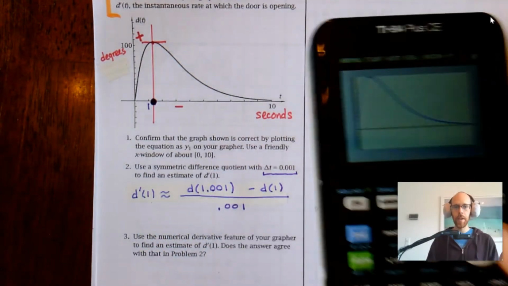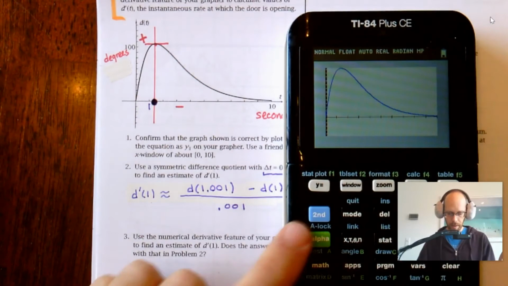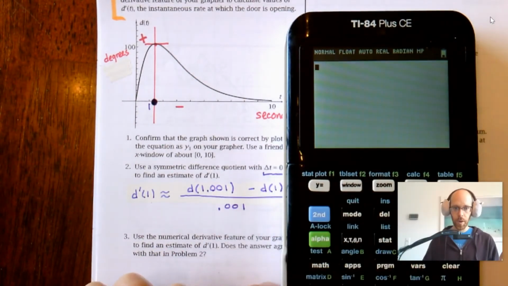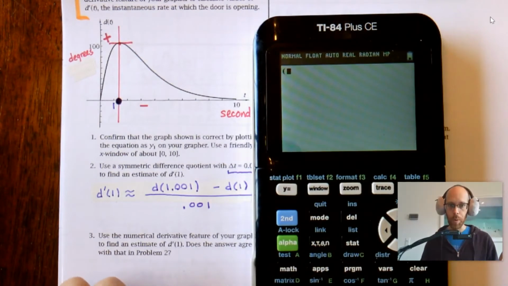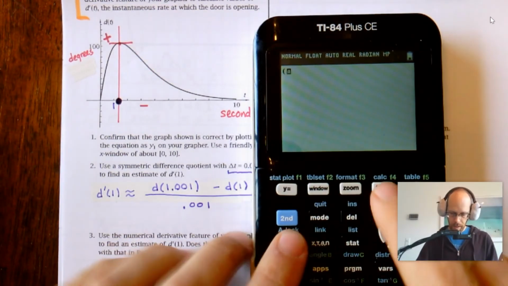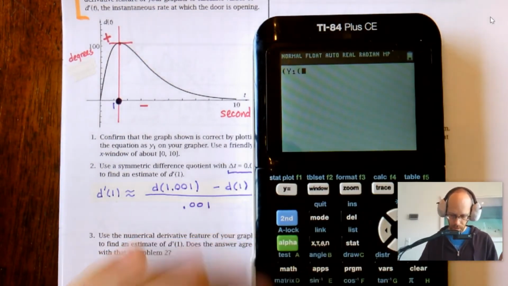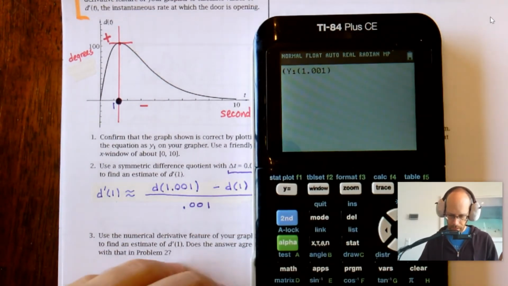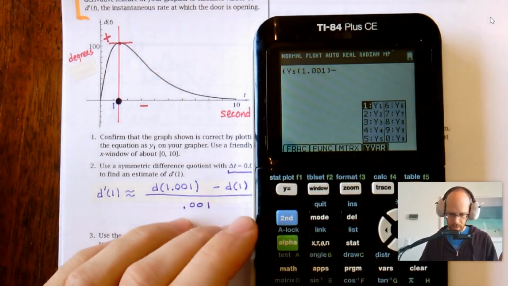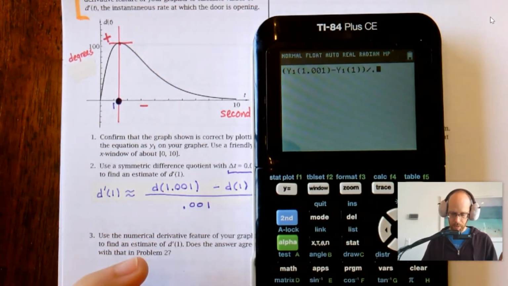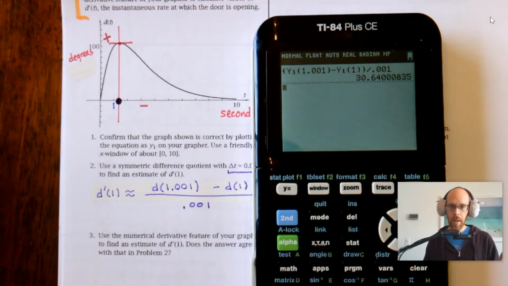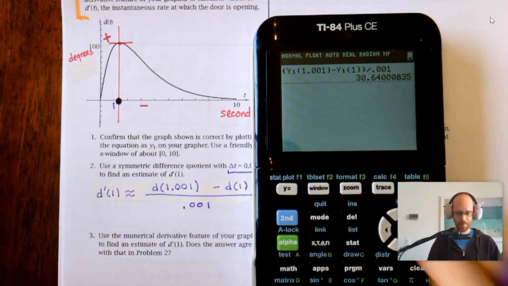Keep in mind that if you've done a good job typing things into your calculator, it will do this work for you, and we can enter this all in one fell swoop by saying alpha trace of y1, 1.001, minus alpha trace of y1, 1, all divided by 0.001. Okay, so we get 30.6.